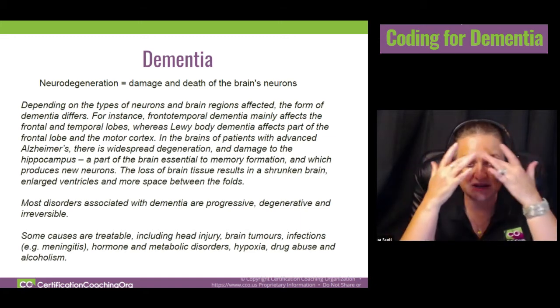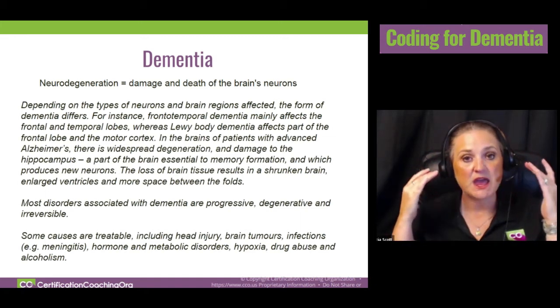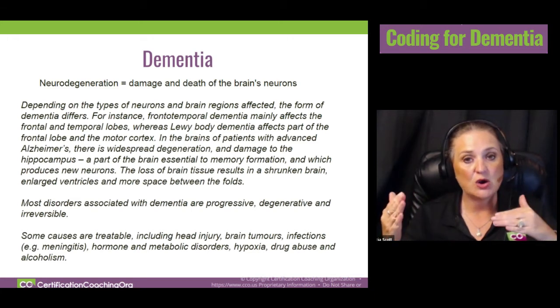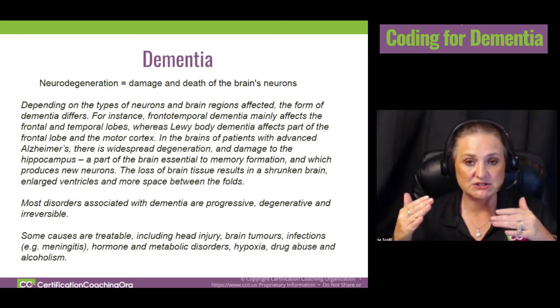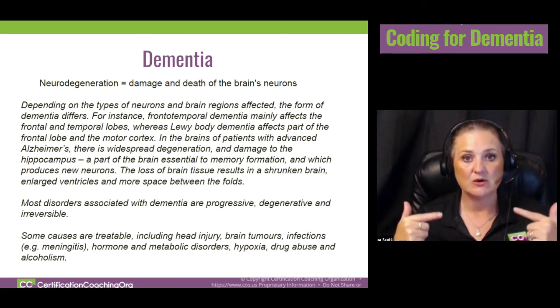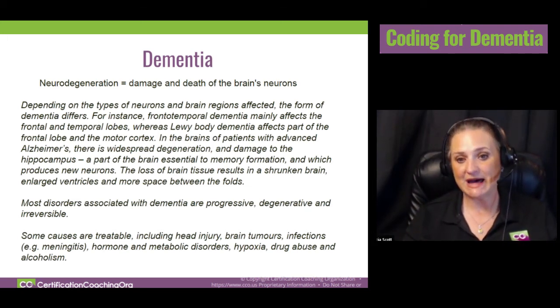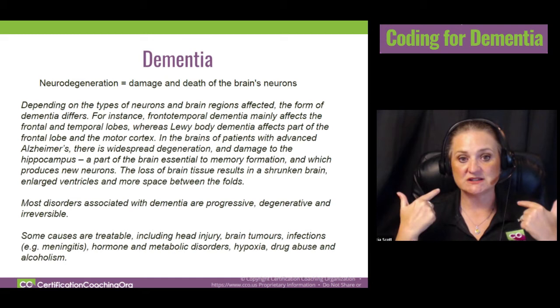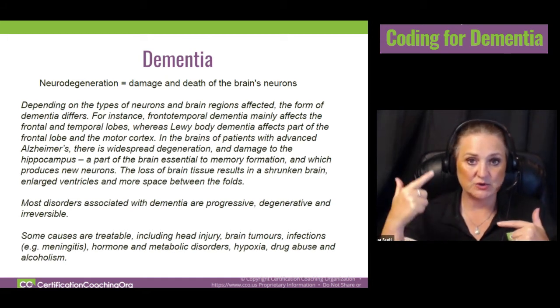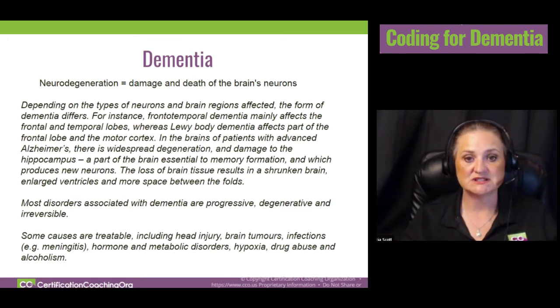That means the damage to the brain is in the frontal and temporal lobes, and because of that, we know what the patient is going to be losing mentally, what's probably going to be affected, and personality has a lot to do with that. So again, frontal temporal dementia affects those areas, but Lewy body dementia affects the frontal lobe and also likes to affect the motor cortex, which is a different area of the brain, more towards the center.